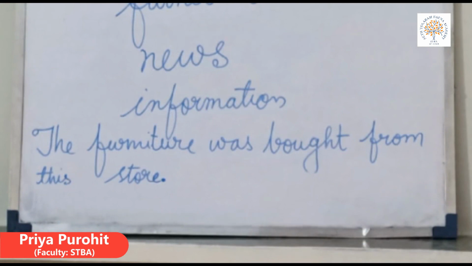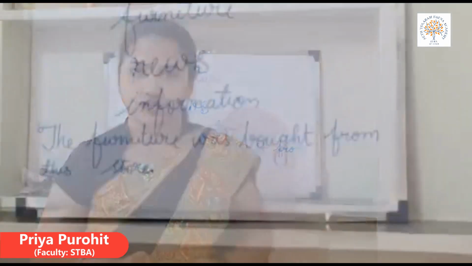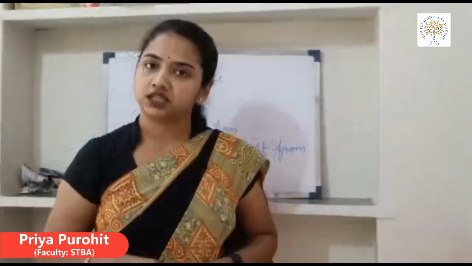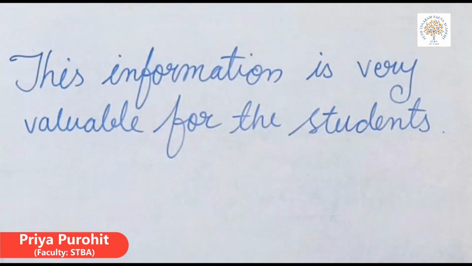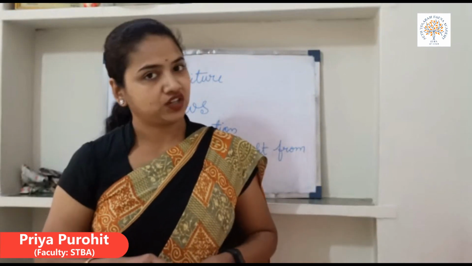Next is information. Examples with sentences here. The furniture was bought from this store. And the next one is, this information is very valuable for the students. You can see here we can't change it to a plural form. We always use these words in singular form. Got it?